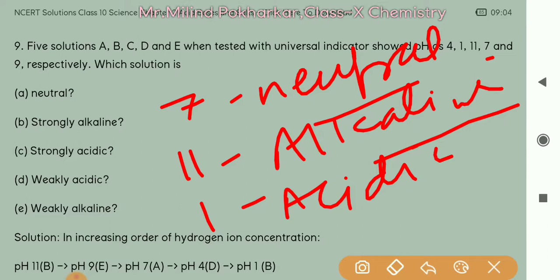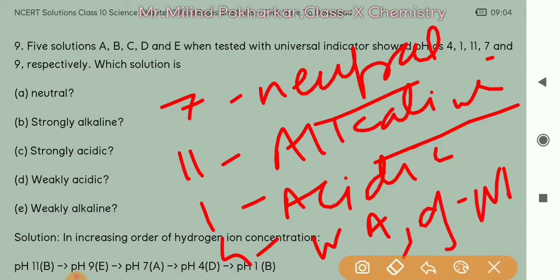Then next is weakly acidic, which is less than 7 and close to 7, like we have 4. So 4 is weakly acidic, and then we have weakly alkaline. So 9 is weakly alkaline. Okay, so you can see here these are the answers of the questions, and increasing order of concentration is also shown here.